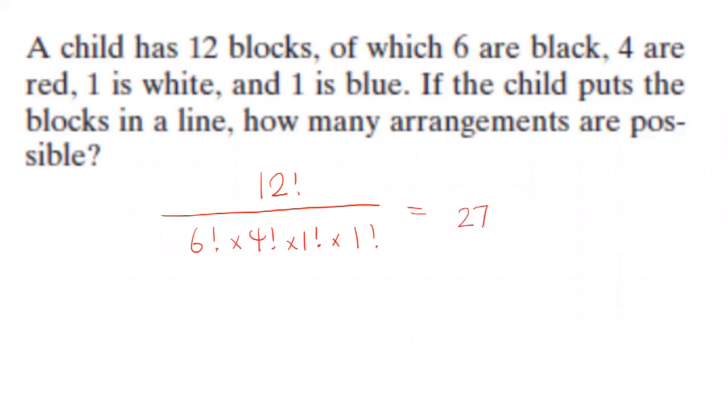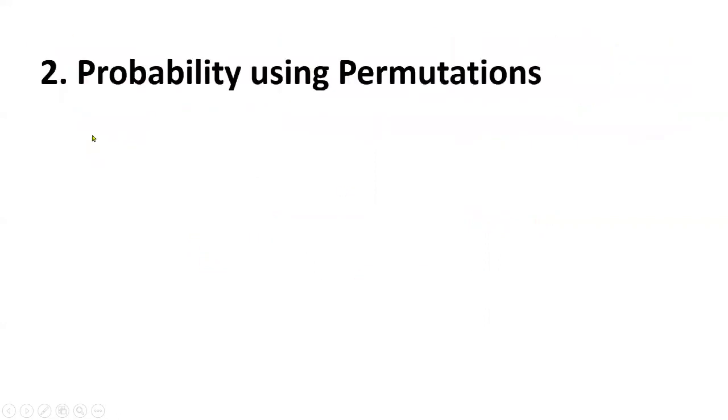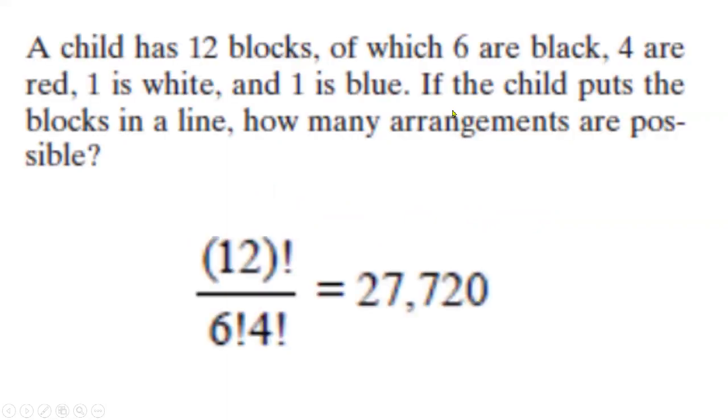So the final result is 27720. Okay, any questions? No? All right, we can take a 10 minute break, and after that, we'll see some questions regarding probability using permutations. So let's take a 10 minute break.